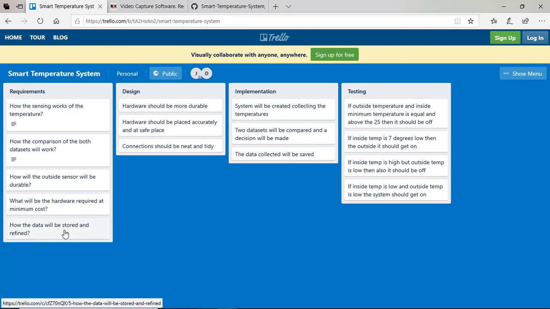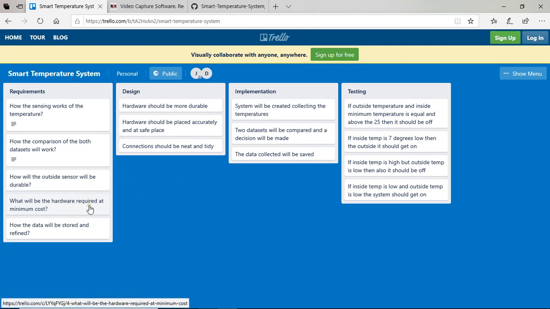The other thing is how data will be stored and how it will be refined. These are the things that were needed in hardware: the Arduino board, the shield, SD cards, and the temperature sensors.